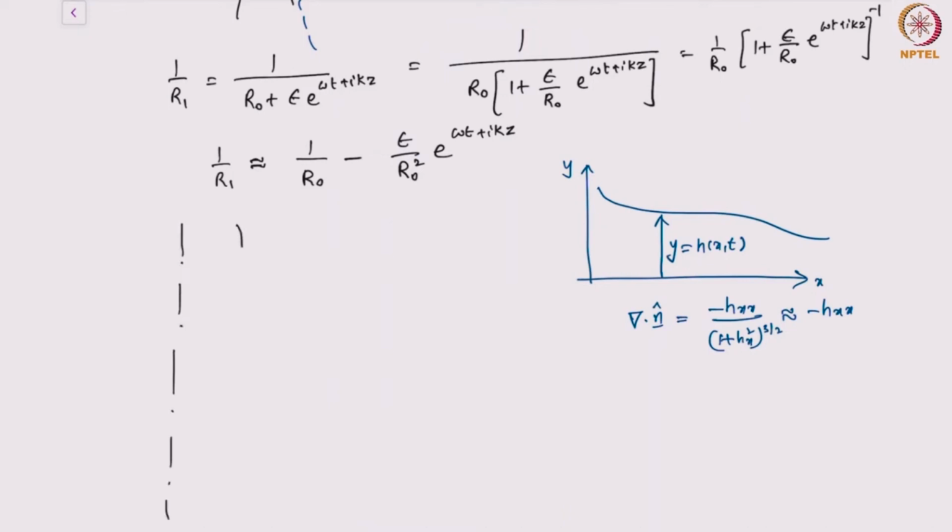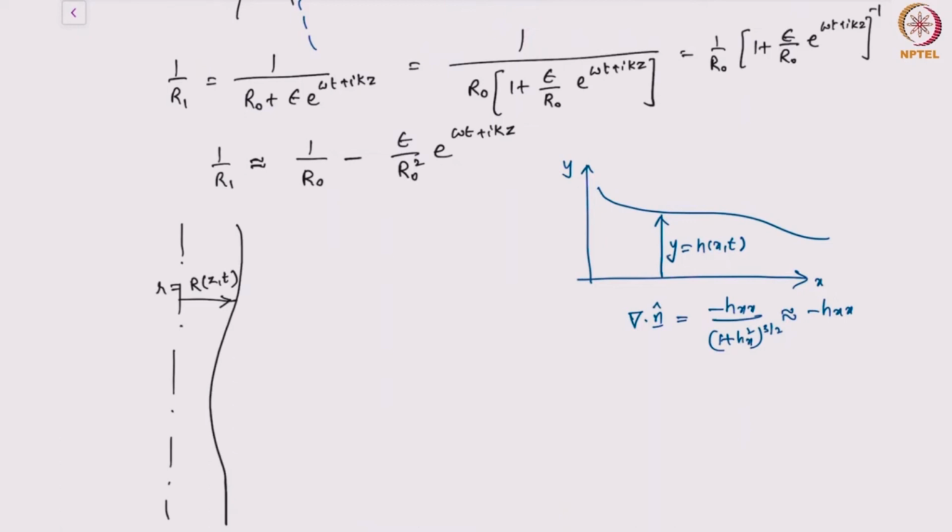So in the same fashion, you have this interface which is undulating, and at any point the equation is r equals capital R of z comma t. This is the radial location r of the interface, very similar to the figure that I have drawn on the right.